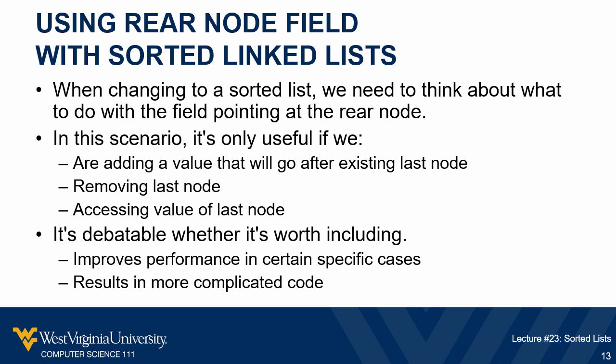In the case we're going to be looking at, we designed our class so that it already has that rear node field, and it's being used in some of the methods. It would take me work to strip it out of the class if I wanted to get rid of it. So even though there's not really a performance advantage per se to keeping it, I'm just going to leave it there rather than reworking my code to remove it.